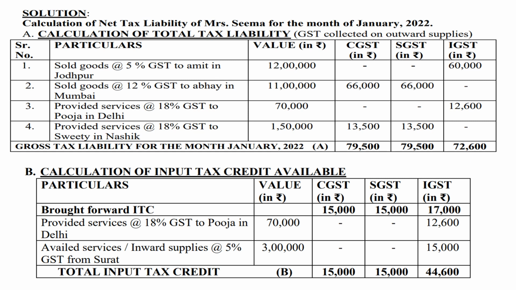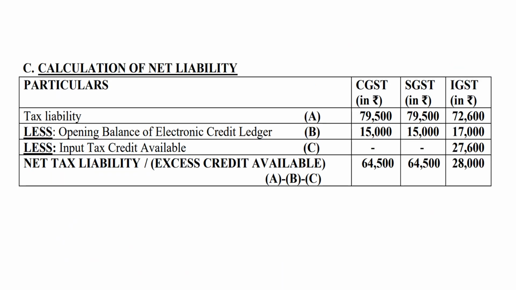Let's see the calculation of net tax liability which we are going to pay. Again we will write particulars, CGST, SGST and IGST. The tax liability in A is CGST 79,500, SGST 79,500, IGST 72,600. Less opening balance of electronic credit ledger, whatever credit balance is given in the problem sum in the B part: 15,000, 15,000 and 17,000.